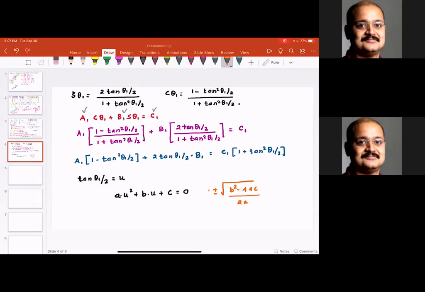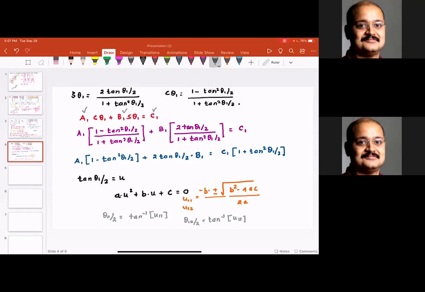So you can find out the two roots of this equation, the values u11 and u12, and then you can find theta 1 by 2 is equal to tan inverse of u11, and theta 12 by 2 is equal to tan inverse of u12.